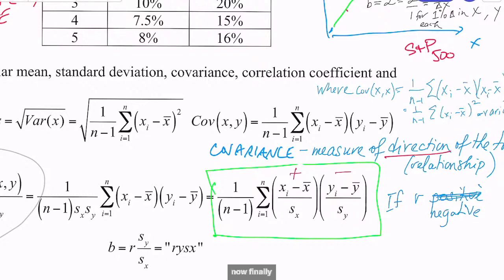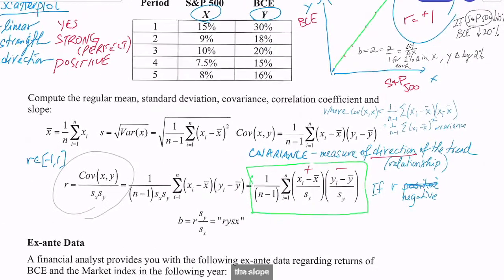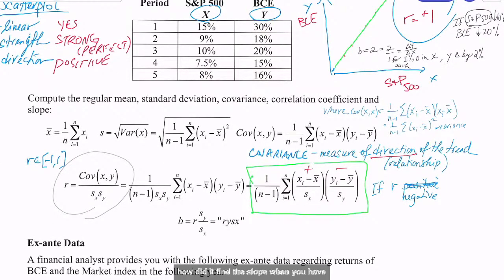Now, finally, the slope. Now, the calculator gave you the slope. How did it find the slope? When you have two variables and you're calculating, you're converting the scatter plot into a line. Now, here it's perfect, but that's rarely the case, right?